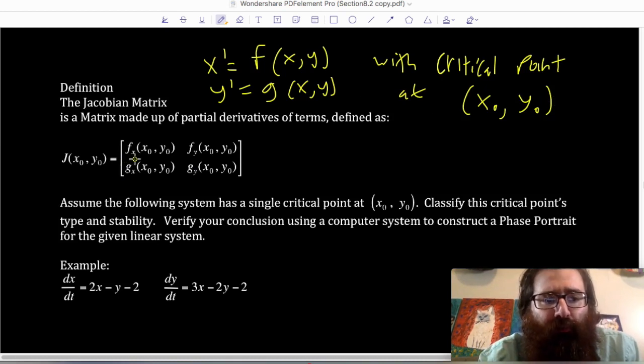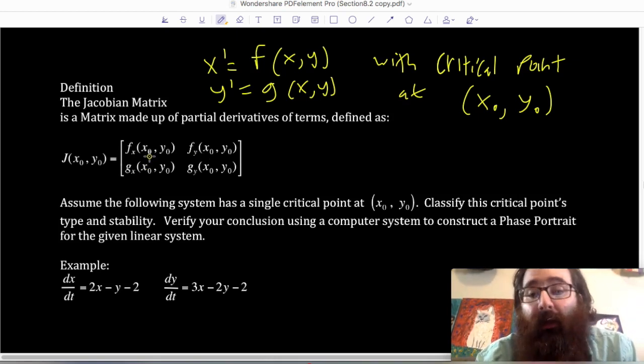We take the partial derivative of f with respect to x, and then the partial derivative of f with respect to y, in that order, which builds the top row. For the second row, and this builds a 2 by 2 square matrix, we do g sub x, the partial derivative of g with respect to x, and then g sub y, the partial derivative of g with respect to y.